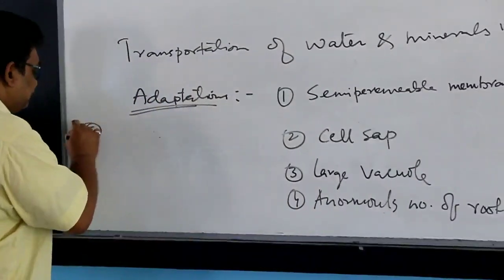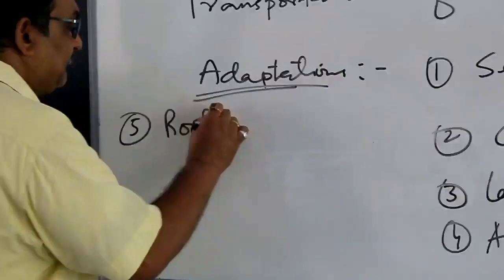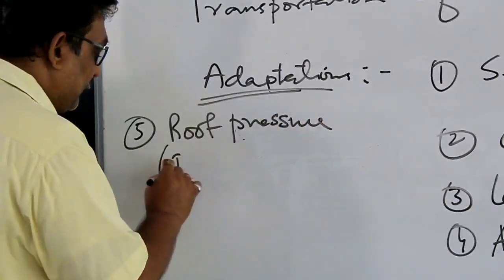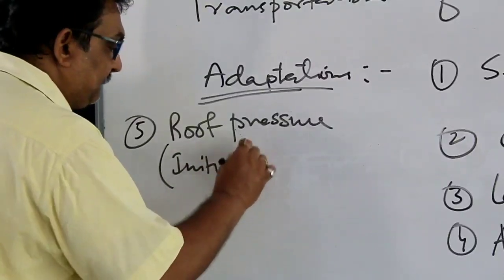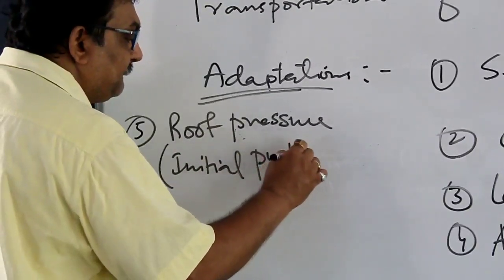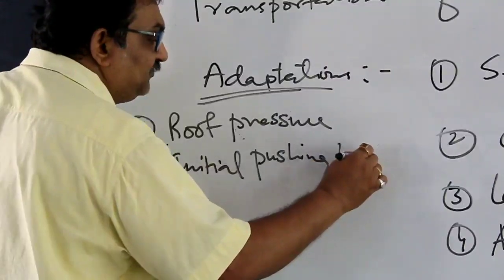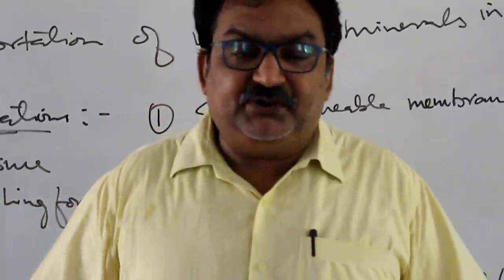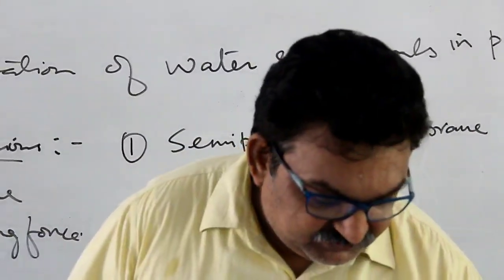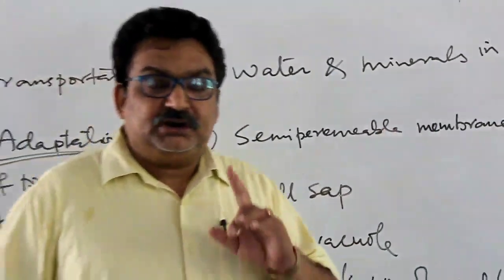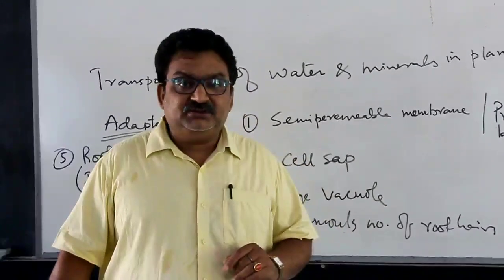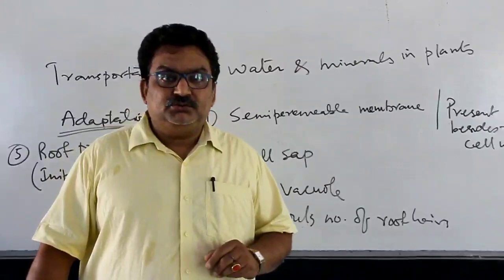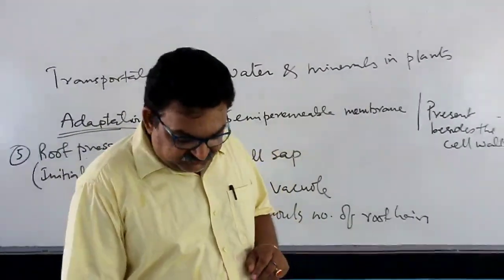That is the fifth one. So these were the five basic adaptations that you have for absorption of water and minerals from the roots to the different parts of the plant.